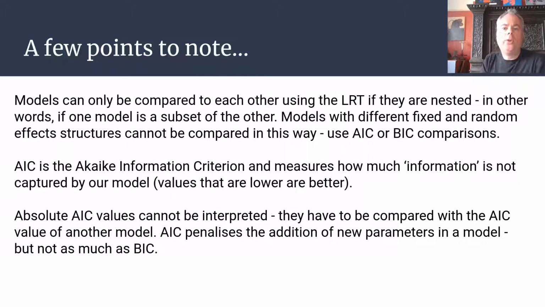AIC values can only be interpreted relative to the AIC values from other models. AIC and BIC are quite similar to each other. AIC will penalise models that bring in new parameters, but BIC, the Bayesian information criterion, will actually penalise even more.